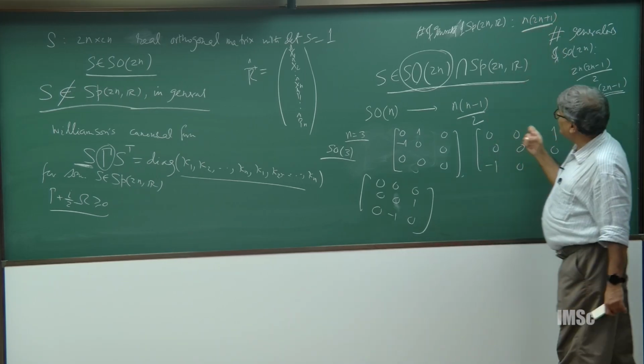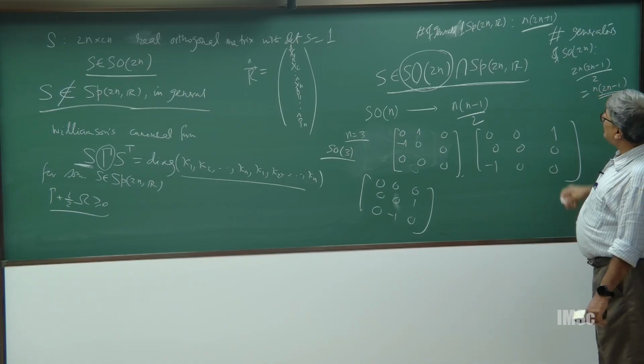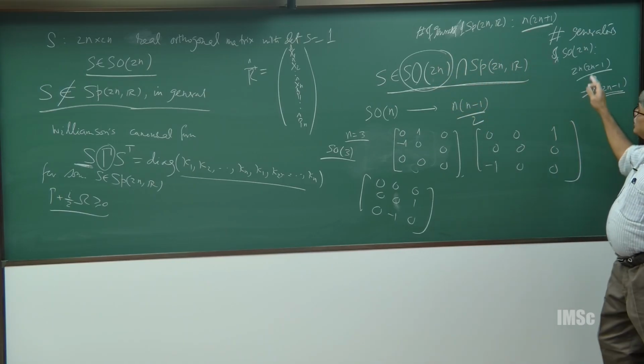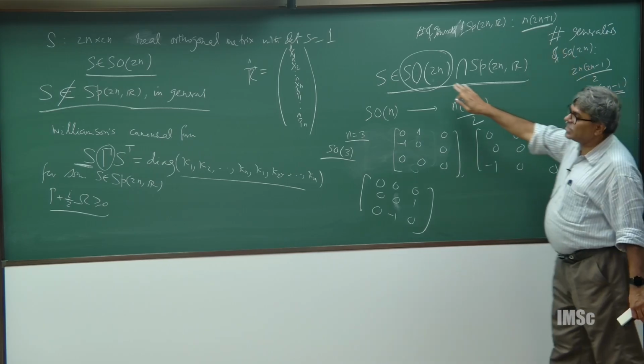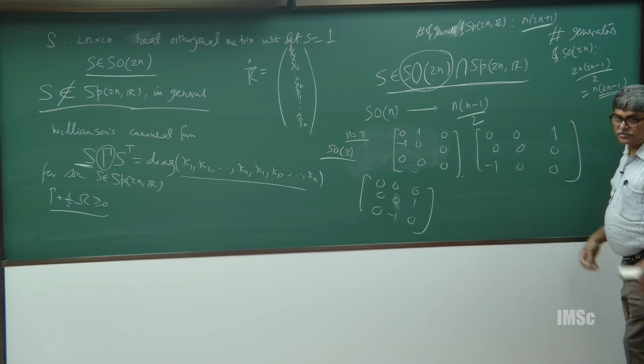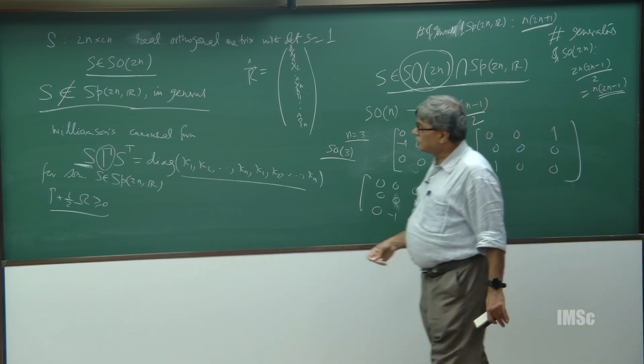But still, as I said, not every element of these is a symplectic transformation. So SO(2n) is not a subgroup of Sp(2n,R); they have some overlap.